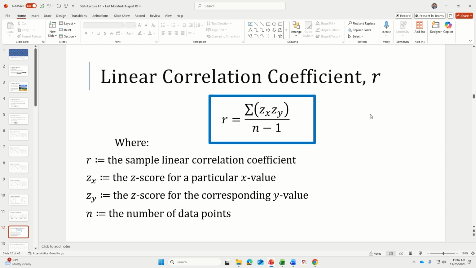I'm using x for the predictor variable. So where it says z with a subscript x, that's talking about a z-score of one of your measurements from the predictor variable. And it also means you have to take the z-scores of all of your measurements from your response variable.